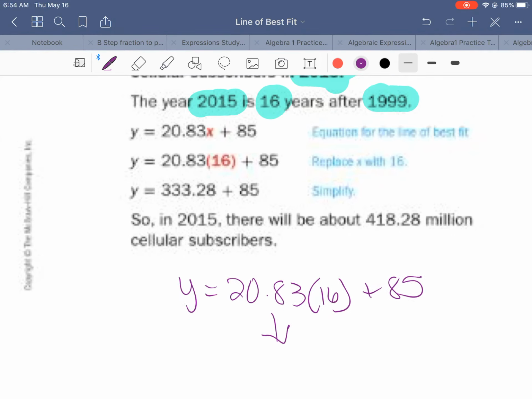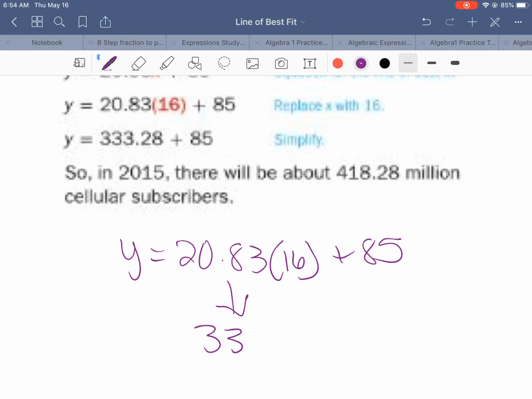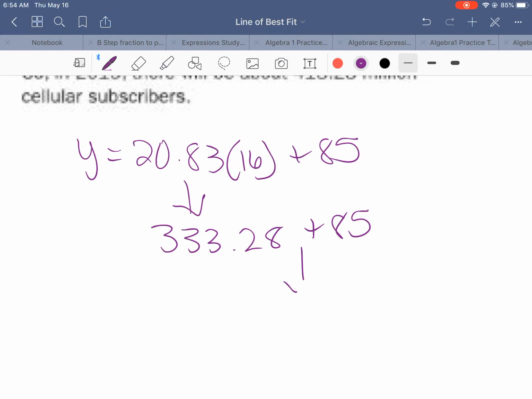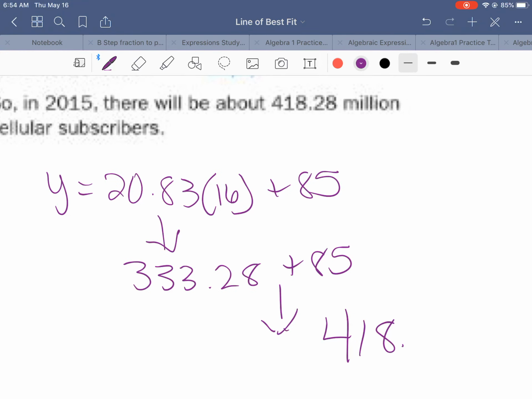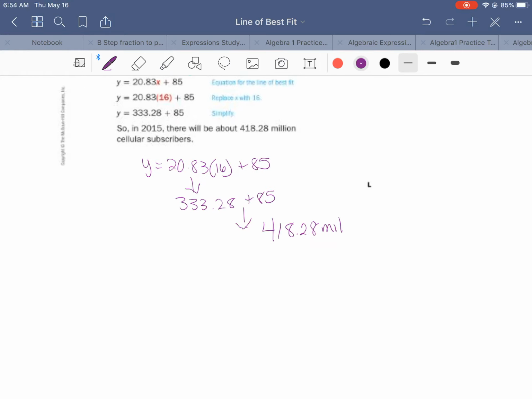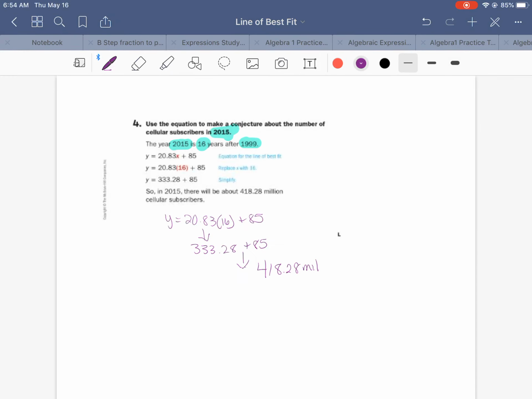That comes out to be 333.28 plus 85. There will be 418.28 million cellular subscribers in 2015. That's what you got to do.